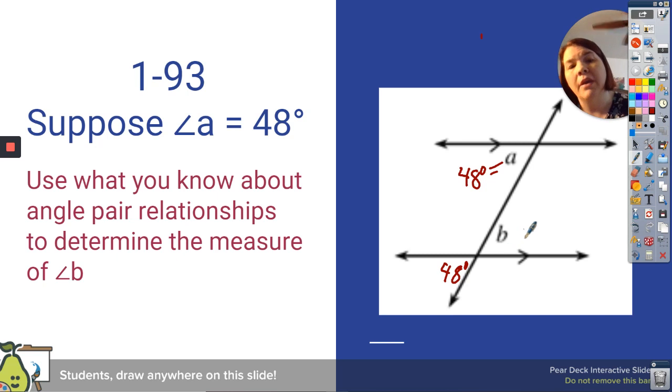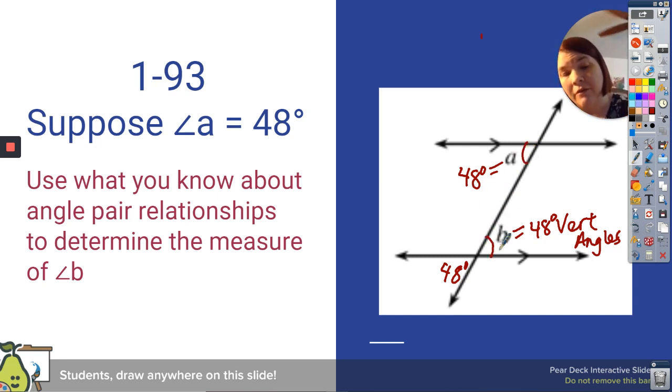And this angle and B are vertical angles, so B must equal 48. In other words, these two angles, which alternate back and forth across the line, are congruent. Pretty cool. They're both 48.